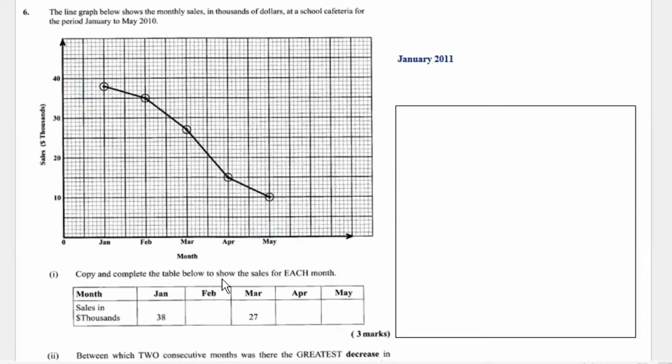So what will help you in properly calculating or estimating the sales to complete the table is to look at the scale. So we see that for the x-axis, it is every 2 centimeters to a unit, which is the month.